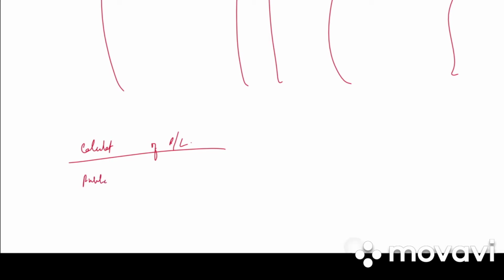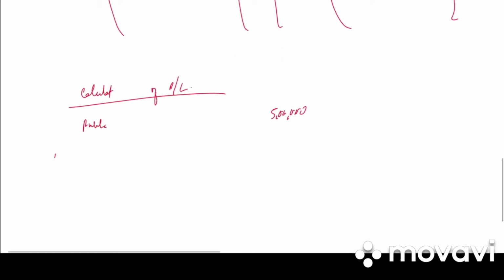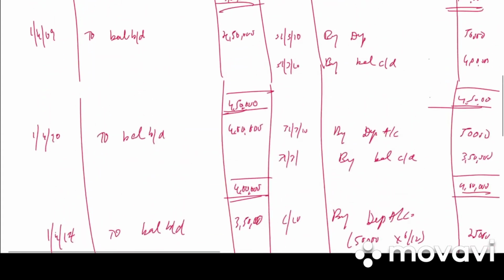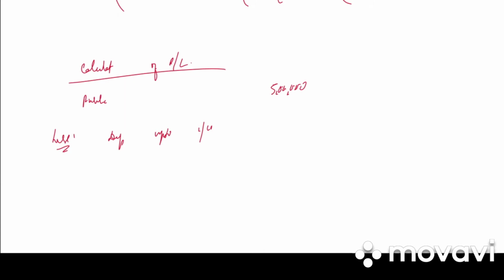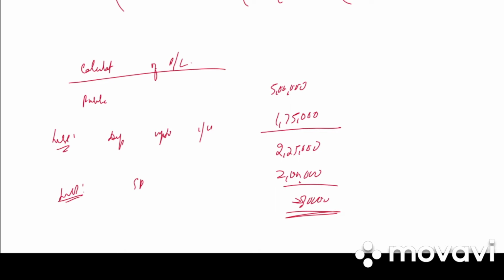Purchase price of plant, it is 5 lakh. Less depreciation up to 1st October. How much is it? 50,000 plus 50,000 plus 50,000 plus 25,000. So it is 1 lakh 75,000, we get 2,25,000, less selling price 2 lakh, so loss is 25,000.